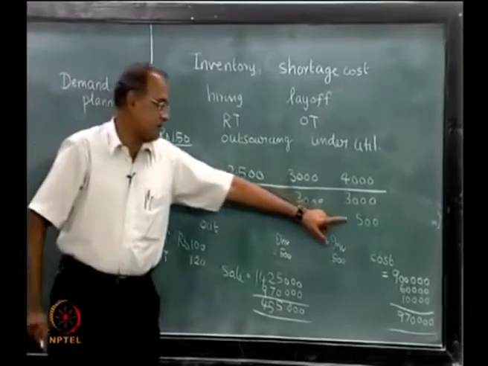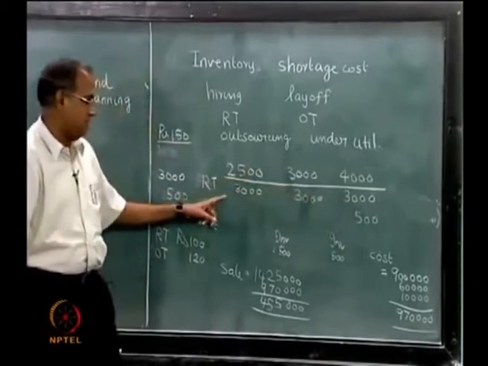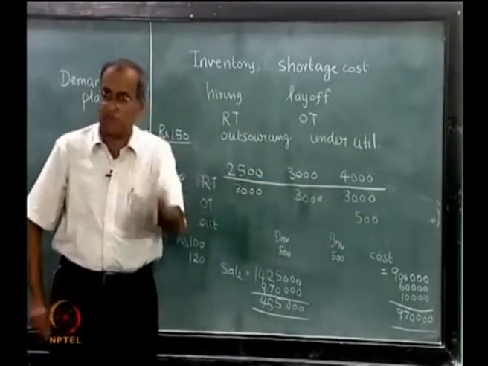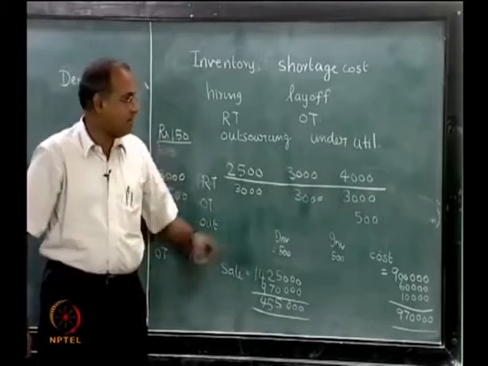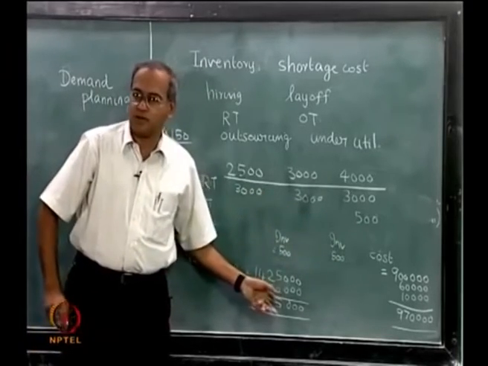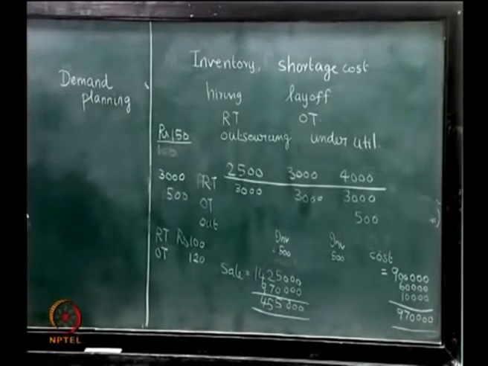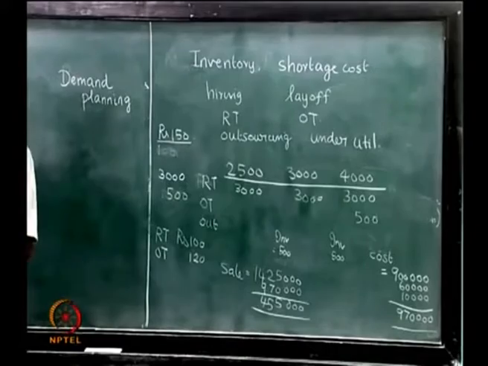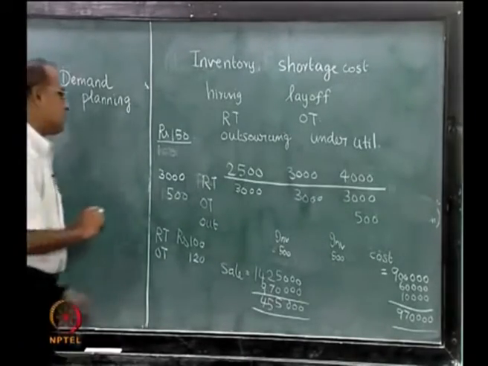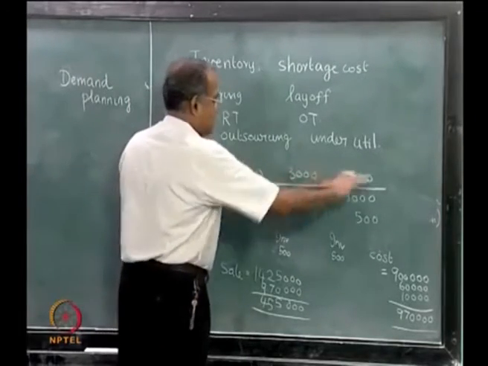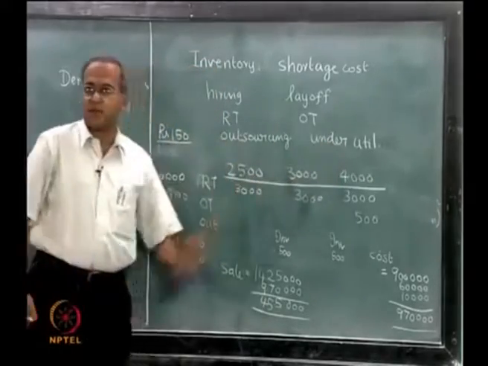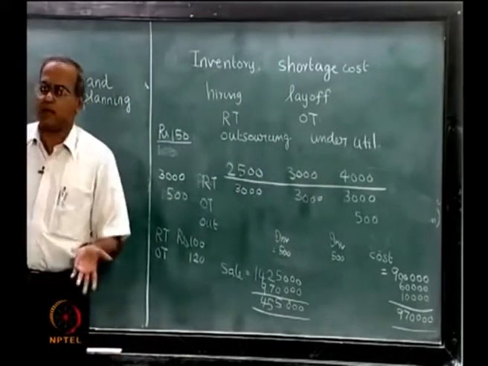The 500 that we used for overtime will be distributed evenly, but the cost will be the same, but the inventory cost will come down, therefore, the total cost will come down and the total profit will go up. But what organizations try and do is also to have different ways by which they can actually adjust this demand. Now, that is called demand planning.